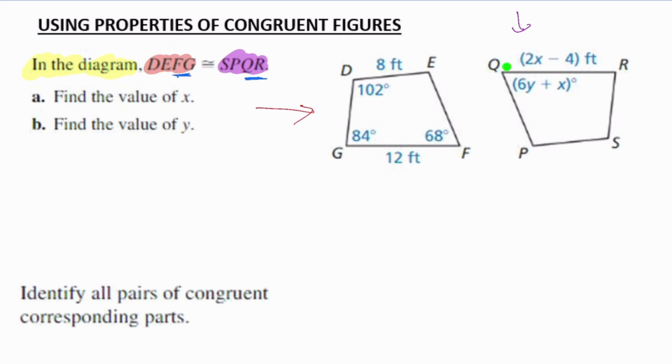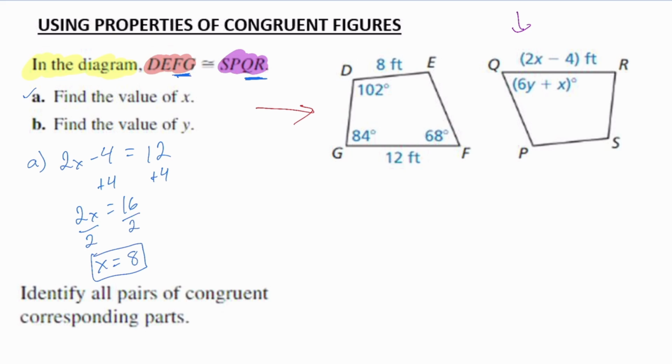So FG and QR are going to be congruent, which means they're equal to one another. So I can set this up for part A as 2x minus 4 is equal to 12. Adding 4 to both sides, I will get that 2x is equal to 16. Divided by 2, I get that x is equal to 8. So I have now solved for the value of x.